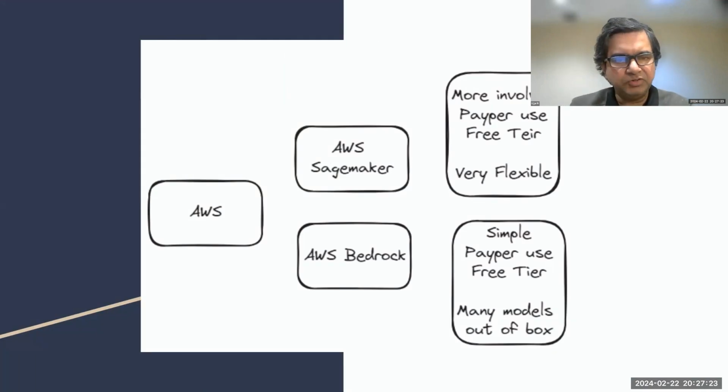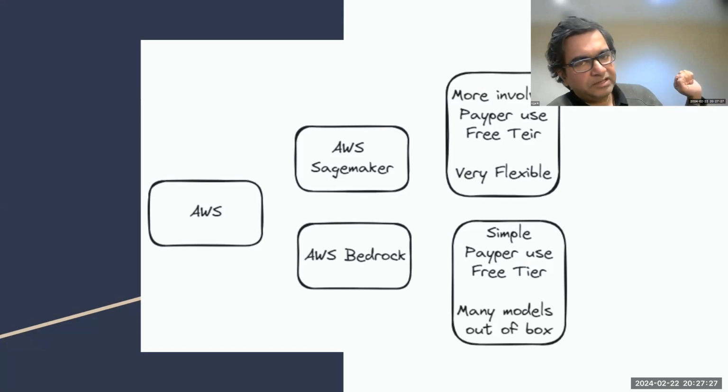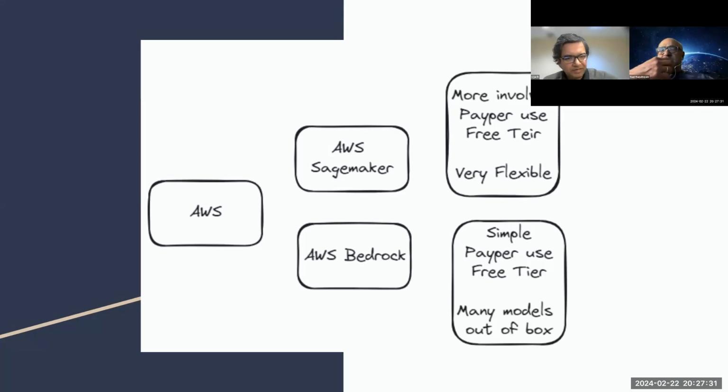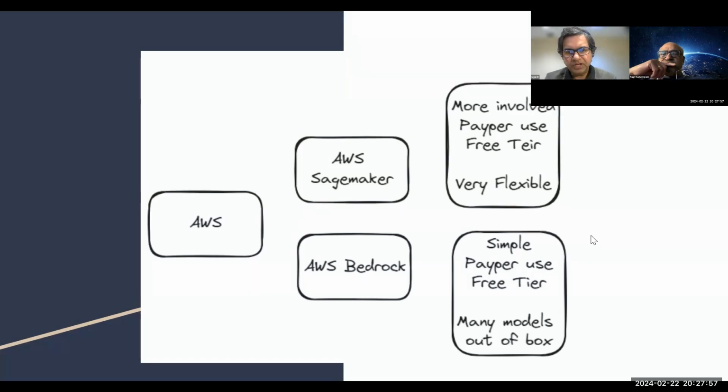It's a complete solution, versus SageMaker, which is more of a raw tool that I can use to deploy any model, and it's very flexible. So we can fine tune the model. We can do a lot of things over here. So now let's see what my next options are.